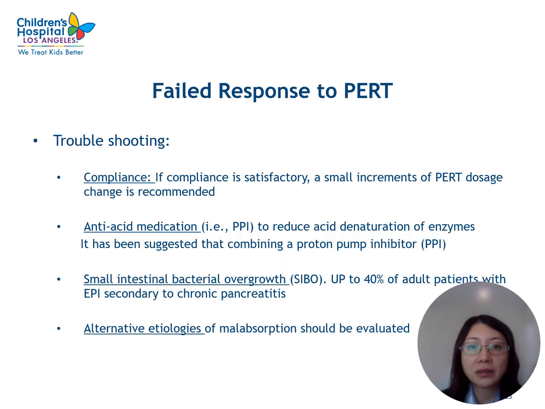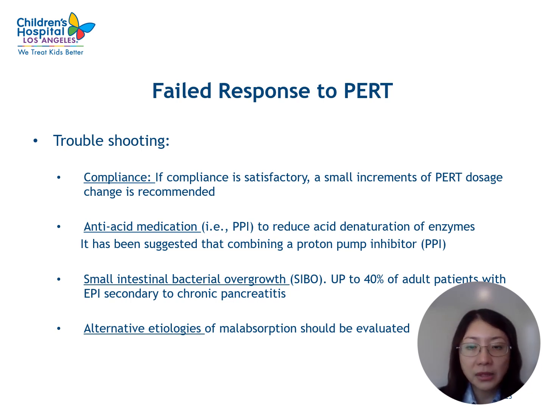If a patient fails to respond to PERT, the first thing you need to check is compliance. If compliance is satisfactory, then you need to consider increasing the dose or starting antacid medication. Really the purpose is to reduce acid denaturation of the enzymes.